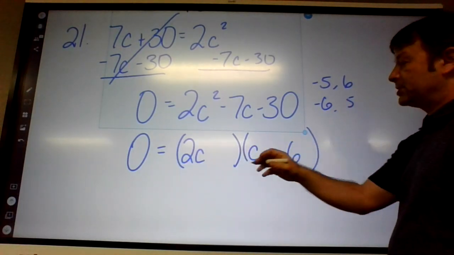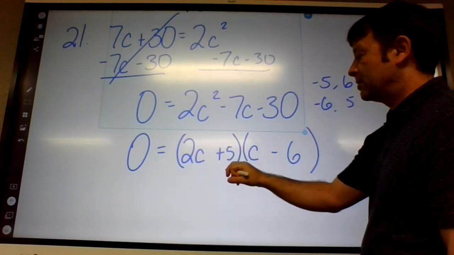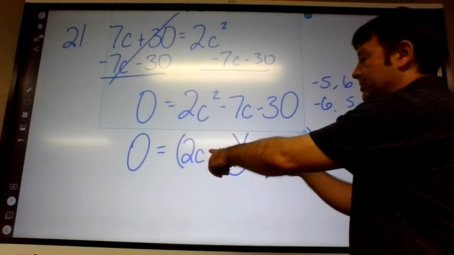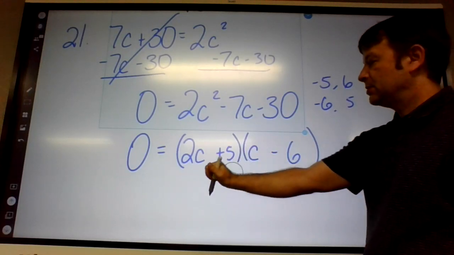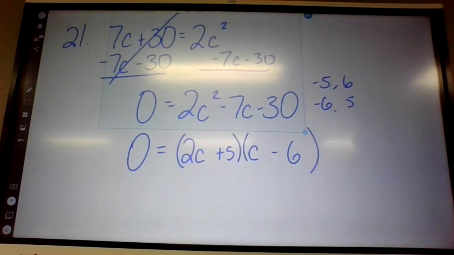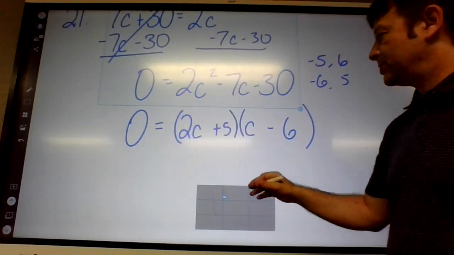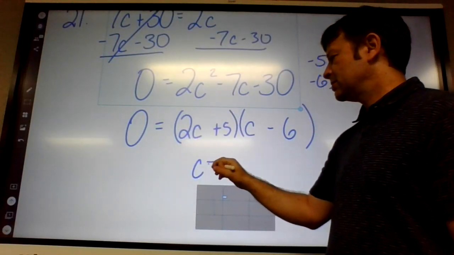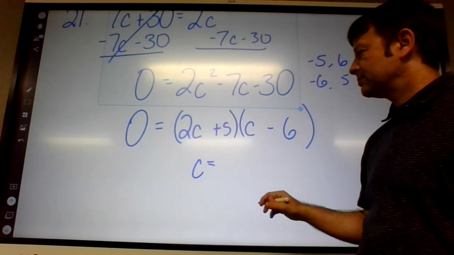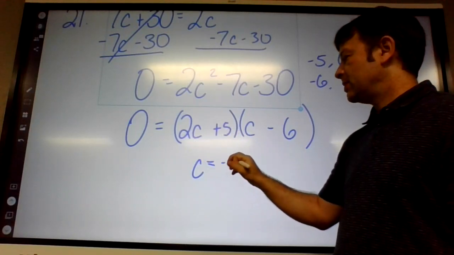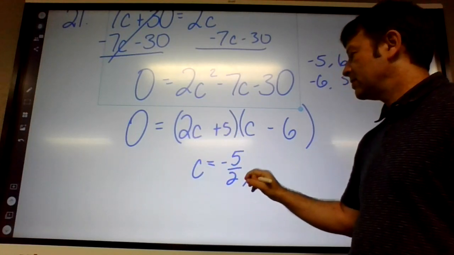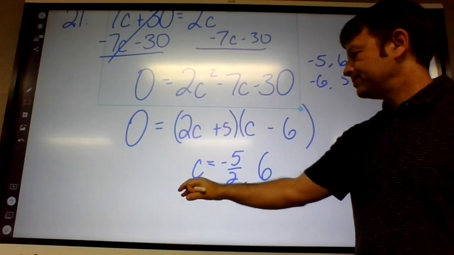And then we could do the plus 5 right here. Negative 12 plus 5 is negative 7. Nice. Okay. So, Jaden, do you know what the two answers would be on this? It would be negative 5 over 2. Yeah. And then it would just be 6. Yep.